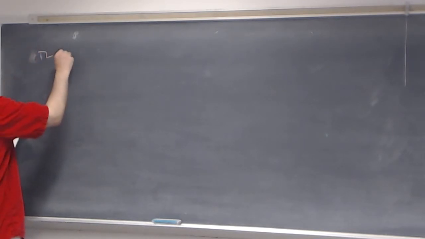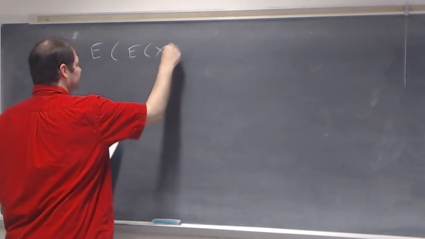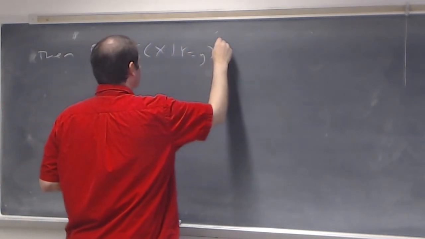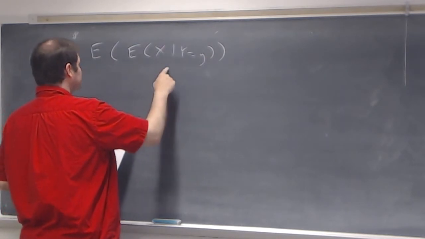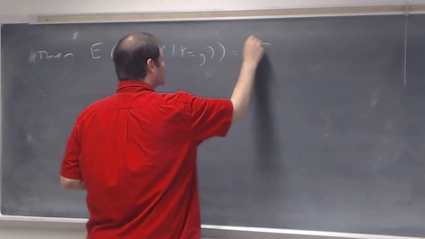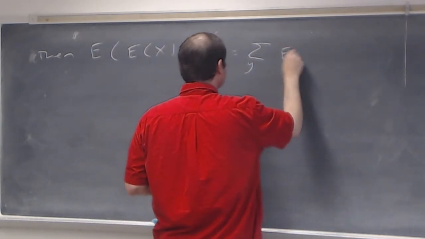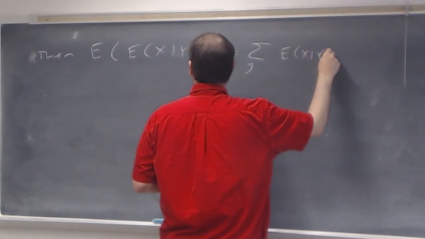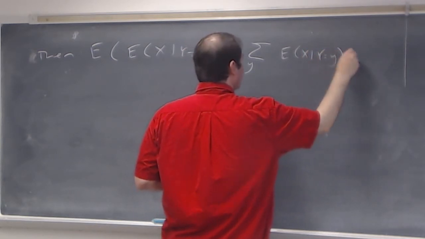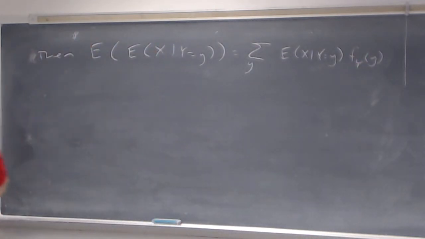Then what I'll look at is that right-hand side, the expected value of the conditional expectation of x given y equal to y. Okay. This is a random variable that's a function of y. So this is going to be equal to the sum over all y values of the expected value of x given y equal to y, times f sub y of y, the PDF of y.